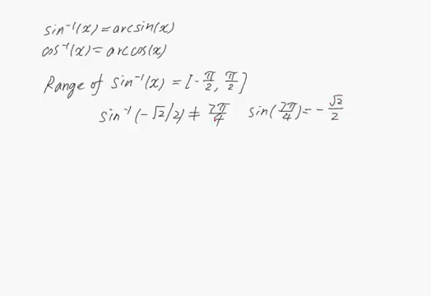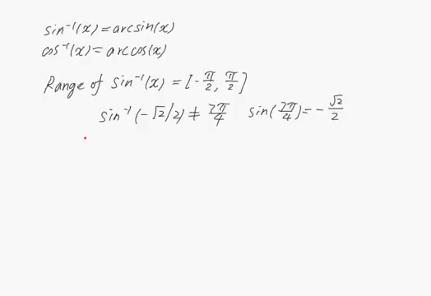But 7 pi over 4 is not in this range, right? When you take the function value, it must be in the range of this function. So it cannot be the function value of the inverse sine of negative root 2 over 2.